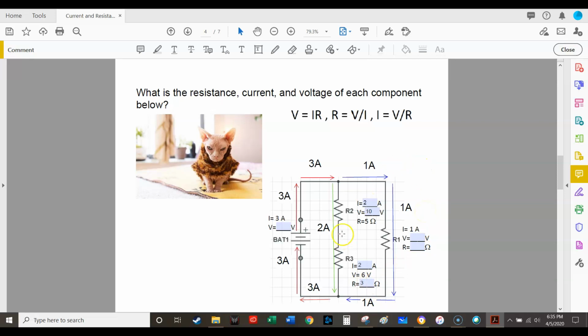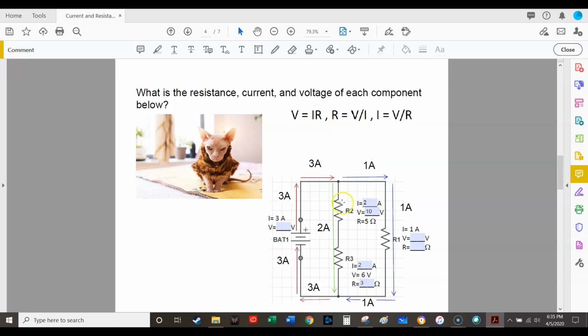Well, the great thing is, now we know the voltage across this middle branch. R2 and R3 add together. R2 is consuming 10 volts. R3 is consuming 6 volts. Well, any branch that is in parallel with this, according to Kirchhoff's loop rule, which is rule number 3, if you know the voltage across one of those branches, then you know the voltage across the other branches.